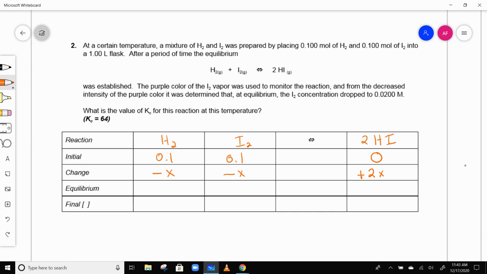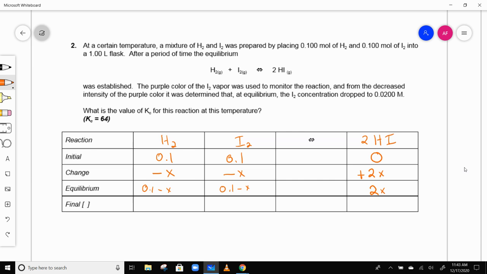Now this is tricky. It's plus 2x because you have the coefficient 2 here. So the 2 makes this 2x. All right, now my equilibrium concentrations are going to be 0.1 minus x, 0.1 minus x, and this is going to be 2x.